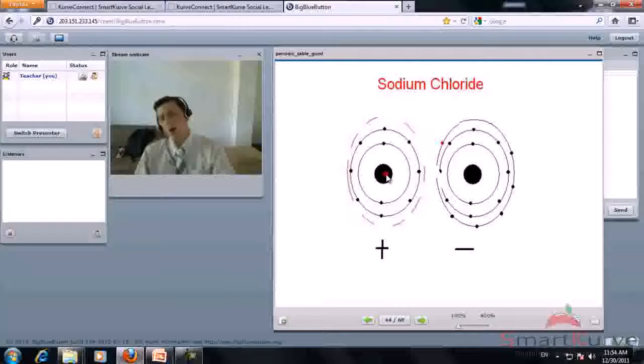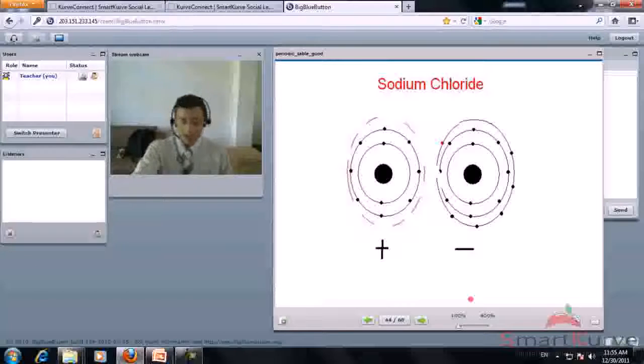But now we only have 1, 2, 3, 4, 5, 6, 7, 8, 9, 10 electrons. So that's like 10 minus. So we have 11 plus 10 minus. That's a total of plus 1. So we say that the sodium ion now has a plus 1 positive charge.